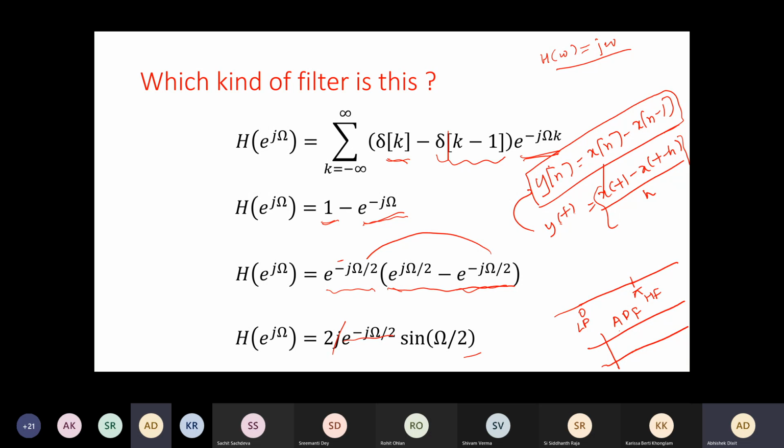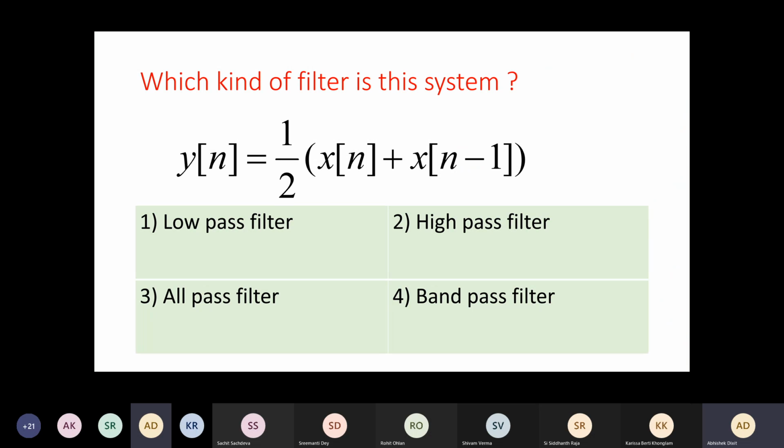All right. Let us look at now this system, and everyone has to answer what kind of filter is this system? Everyone attempt.